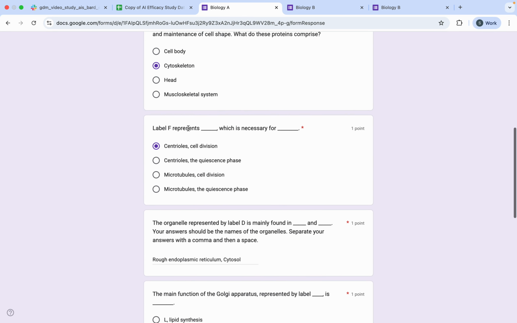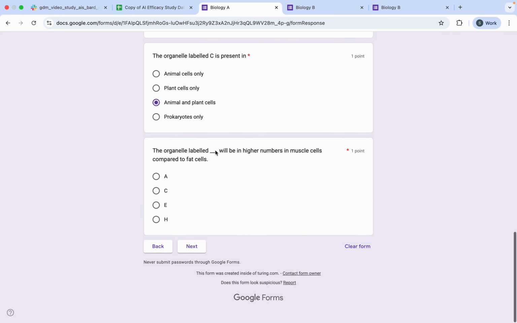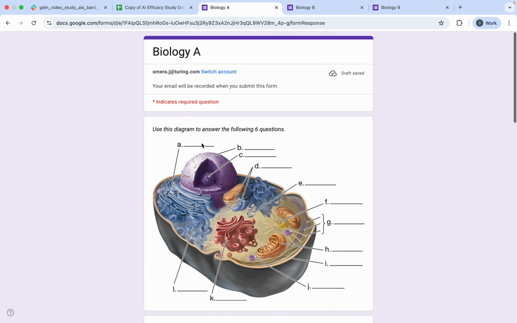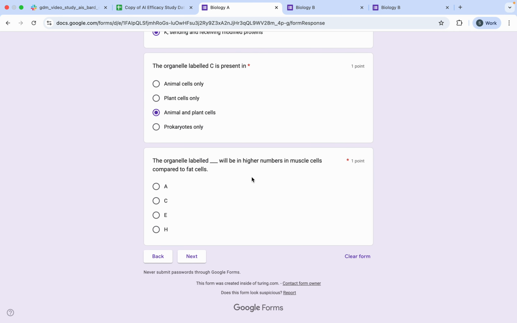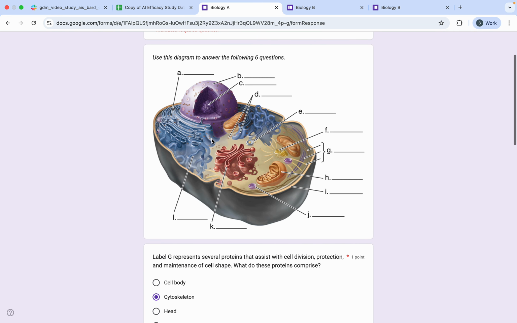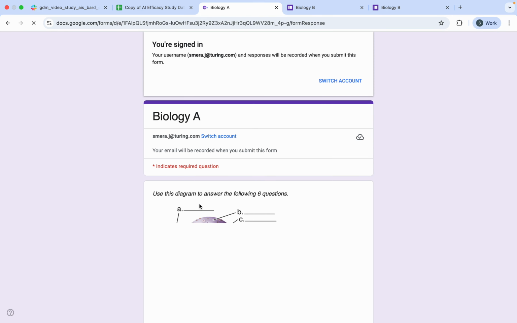C is also not the right one. E is also not the right one. H is what? H is this.